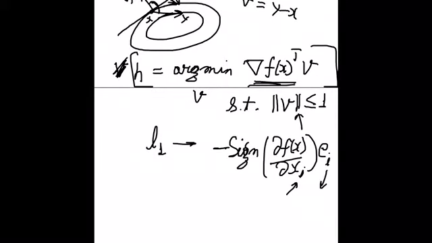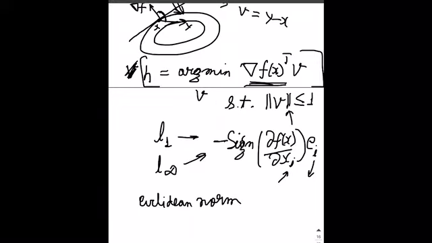Similarly, we had the same answer for the L infinity norm. Interestingly, for the Euclidean norm we had minus the gradient of f of x.